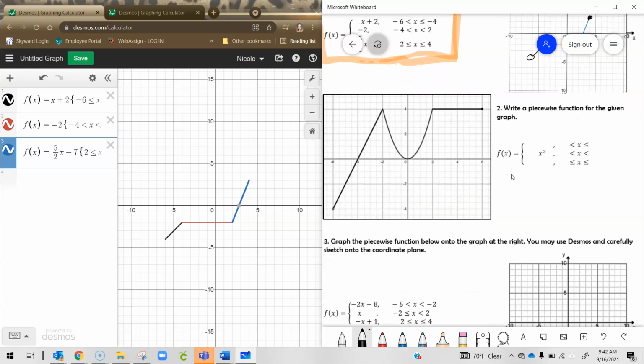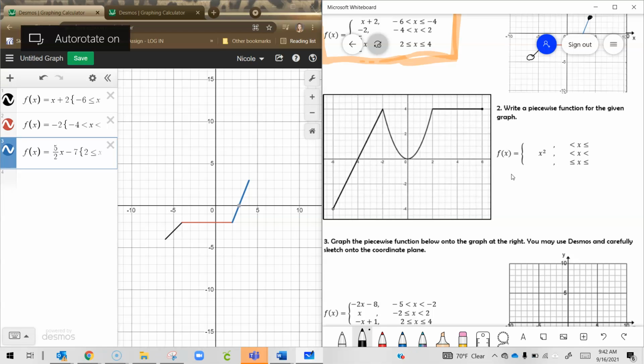For the next one, we're given the graph and we need to come up with the piecewise function, so these missing pieces here. And so we can see that we have 2 linear functions and then we have a parabola in the middle. This first linear function is defined between -6 and -2.